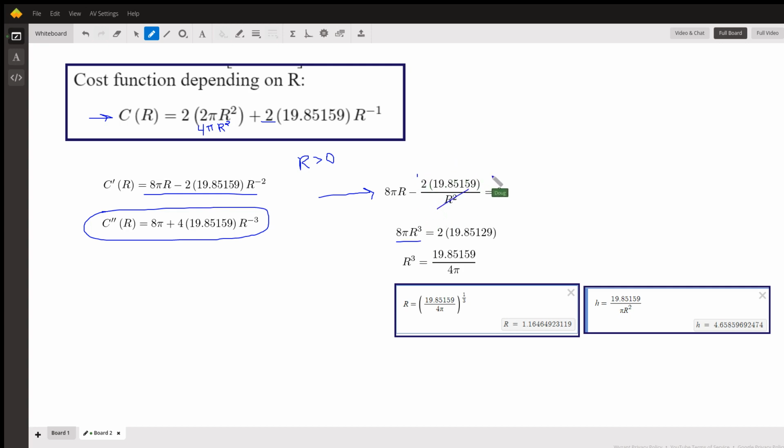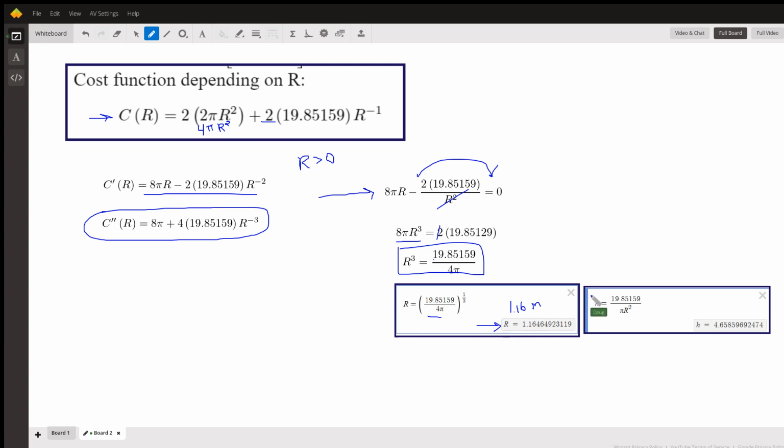Take this 2 times 19 to the other side. And so r cubed equals, if I put 8 pi under here, dividing by the coefficient of r cubed, this 2 cancels into the 8. So there's r cubed, and r is the cube root of that. And there it is right there. To 2 decimal places, that's about 1.16 inches, because it's a linear measurement.